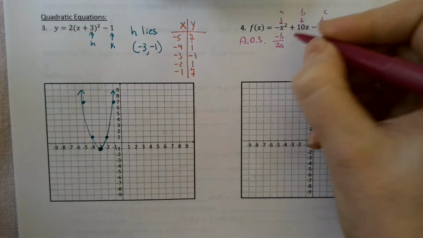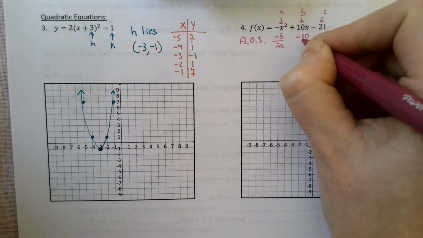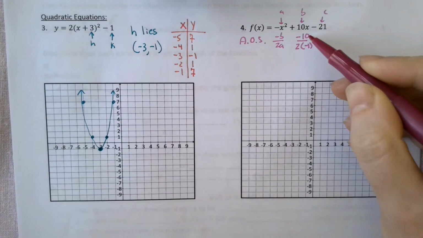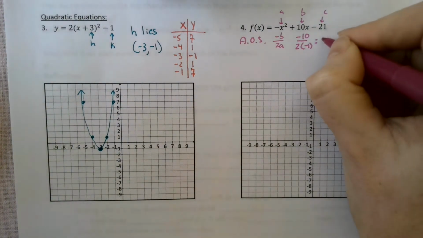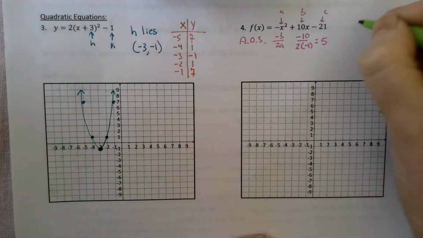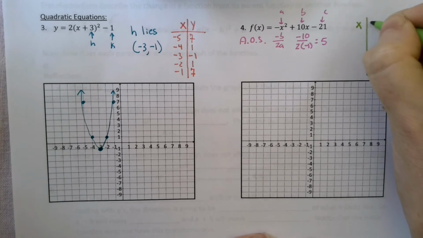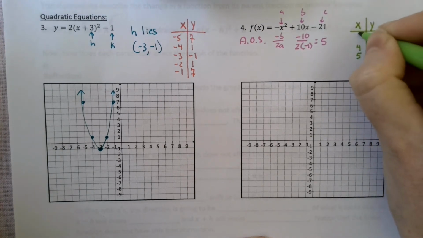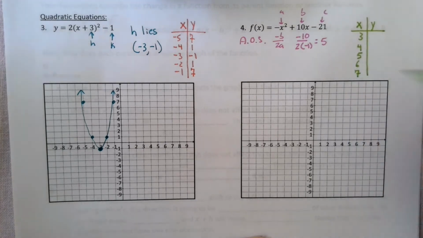Okay, so we're going to have negative 10 divided by 2 times negative 1. Negative 10 divided by negative 2 is going to give me 5. So then we're going to make our table of values with 5 in the middle, 4, 3, 6, 7.